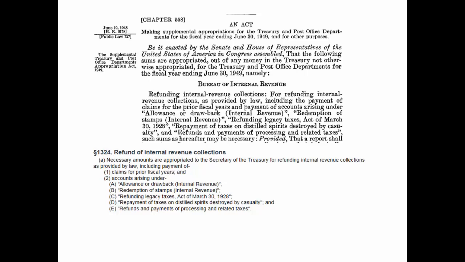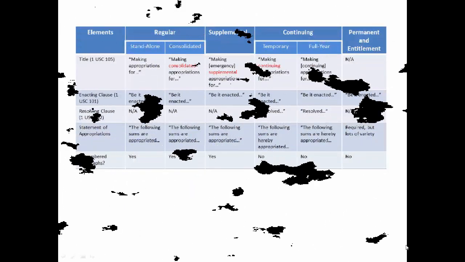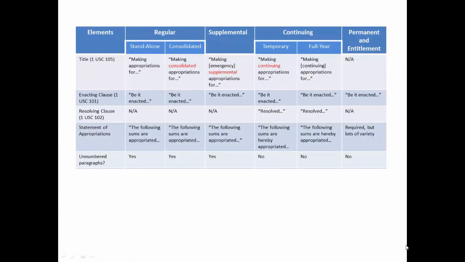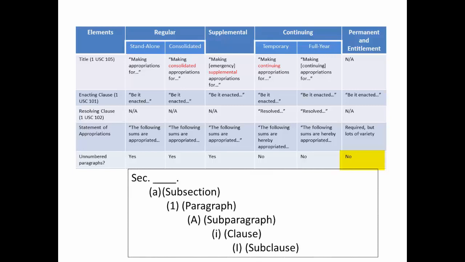Now let's go back to our summary chart of the elements of appropriation language from modules 1 and 2. The unnumbered paragraphs we saw in annual appropriations acts are not used in permanent and entitlement appropriations. Since appropriations are embedded in authorizing or permanent legislation, the language is located or referenced by a standard statutory numbering system as follows.